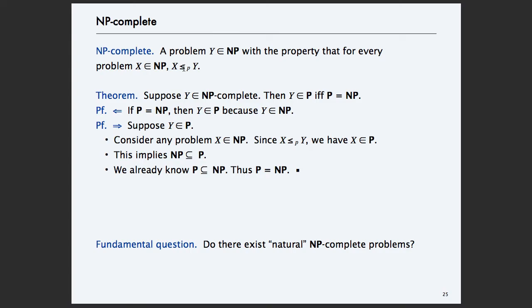And so if we have NP complete problems, right, if any one of them was polynomial, then we would show that P equals NP, because all the NP problems polynomially reduce to that.